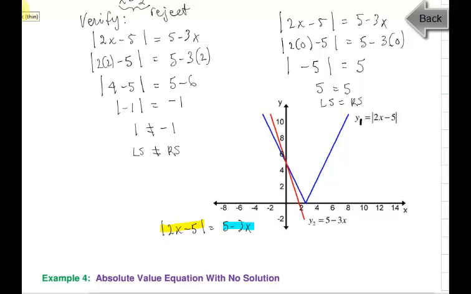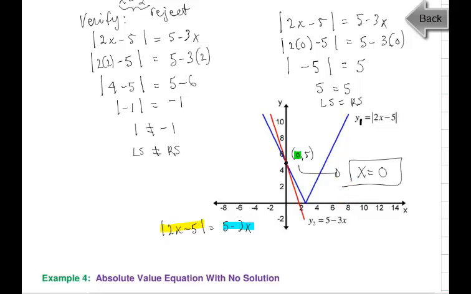When you graph that, you can see that y2 only intersects y1 at one point, not two, not like on our last example. When you check your point of intersection, you will find that it is at 0 and 5. Remember, we are only concerned with the x coordinate when we're solving, so x is equal to 0, and that is your solution.